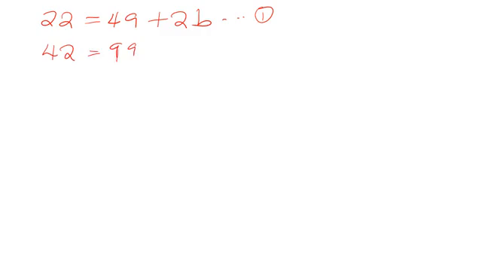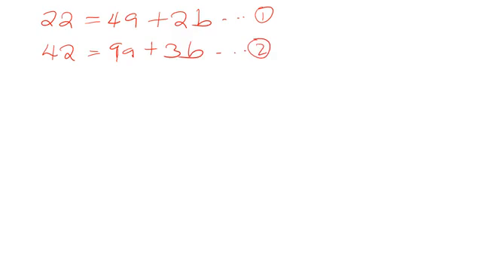We had 22 equal to 4A plus 2B, and this was equation 1, and we had 42 equal to 9A plus 3B, this being equation 2.